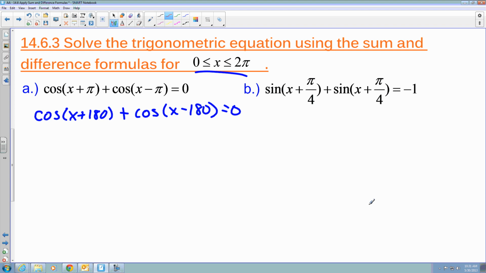So if I go look at this one specifically, I'm going to rewrite it as cosine of x times the cosine of 180 minus sine of x multiplied by the sine of 180.